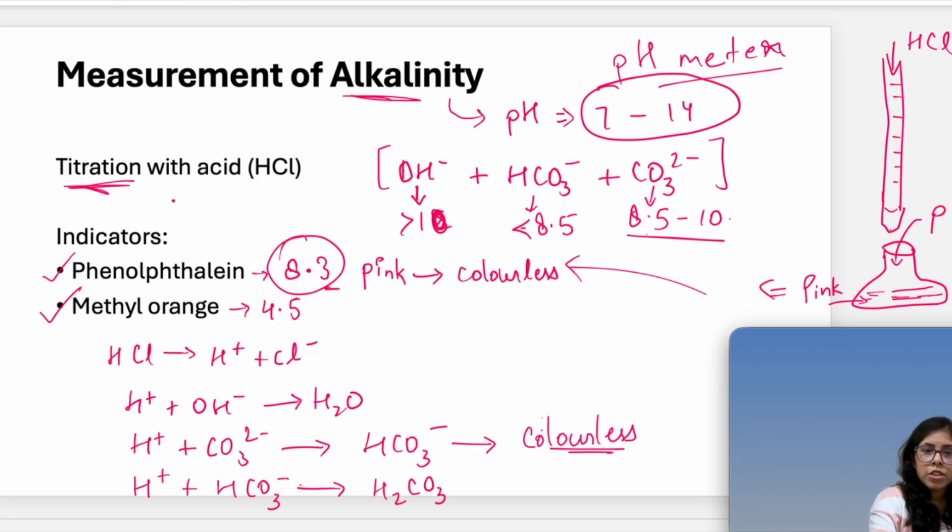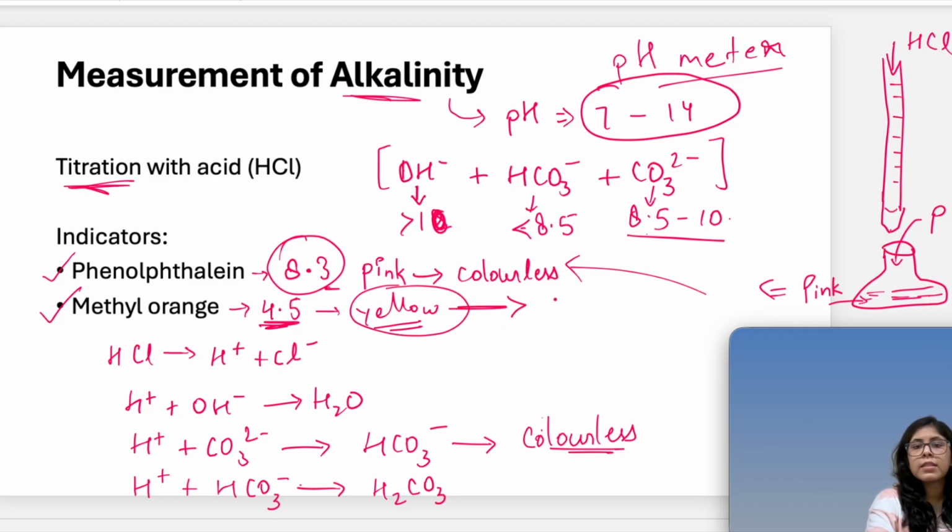When the methyl orange endpoint is reached, the color will become yellow, and at this point I can say that the full HCO3- is also neutralized to H2CO3, that means carbonic acid. So now the alkalinity is fully neutralized and we have done the titration with HCl, and we have calculated.